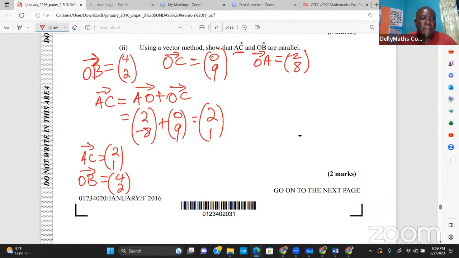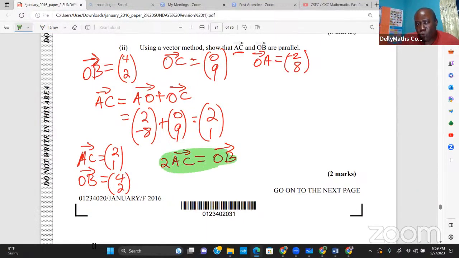When vectors are parallel, one vector is a multiple of the other. In other words, if I look carefully at AC, 2 times AC gives me OB. 2 times 2 is 4, 2 times 1 is 2.